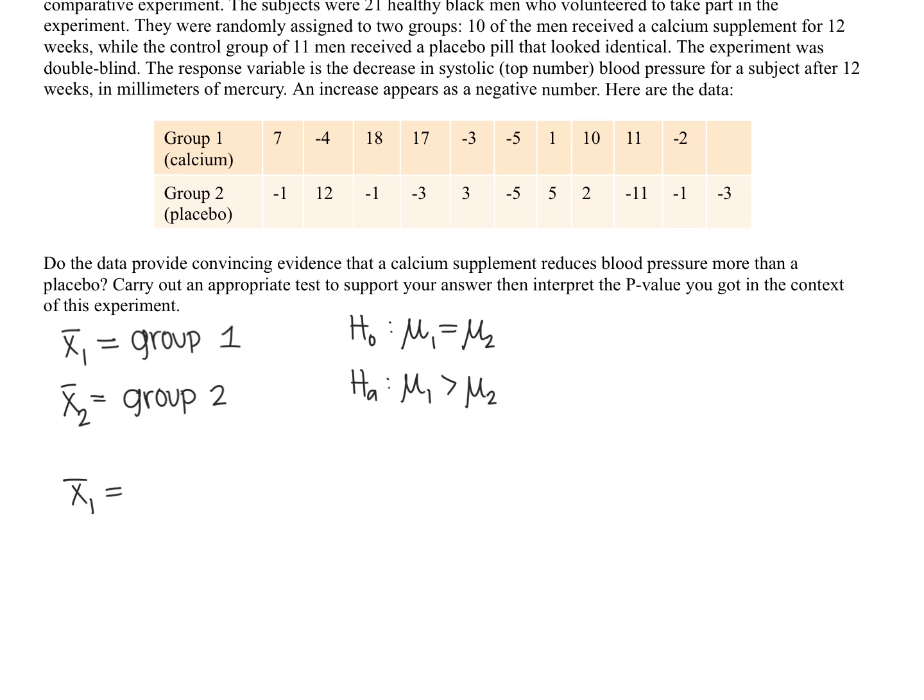So for group 1, they have a mean of 5, and their standard deviation is 8.74.